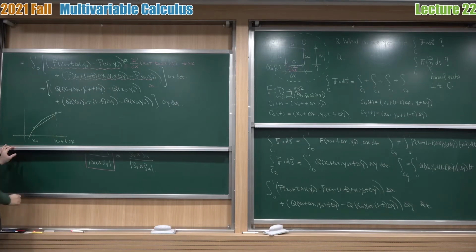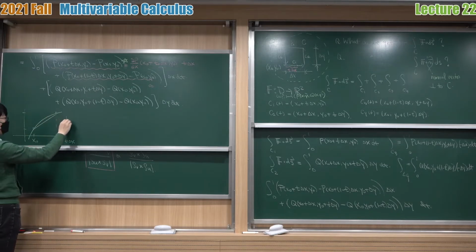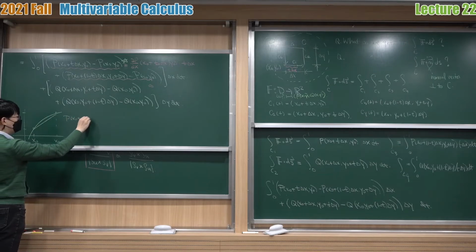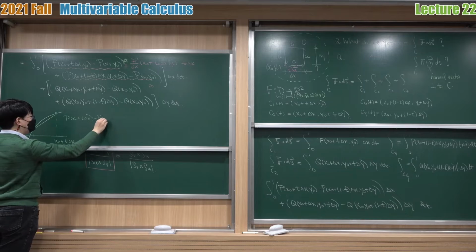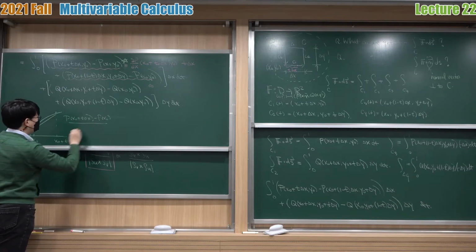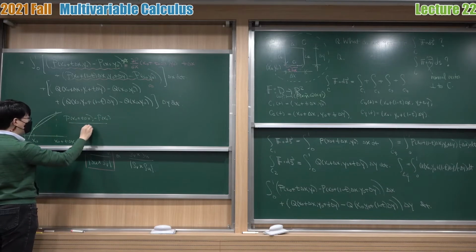We want to think about the difference between the values of the two points over this interval t delta x. So the average rate of change is p(x0 plus t delta x) minus p(x0), divided by t delta x.